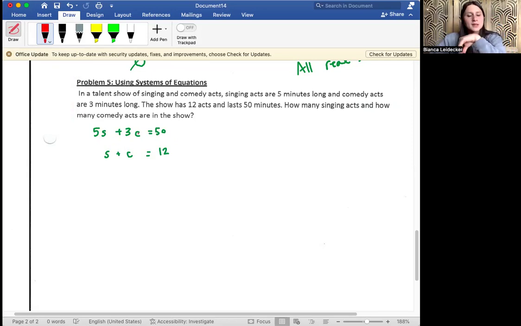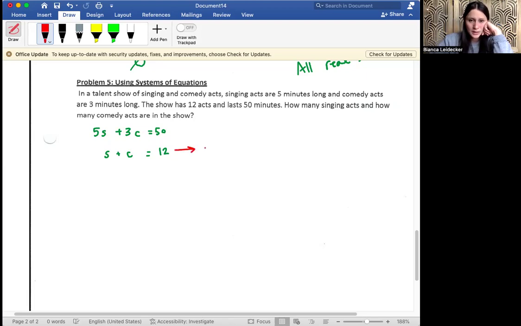So I wrote S and C here because one represents singing, one represents comedy. So I use those letters to kind of represent it. You can either interchange these as X and Y, but I'm not graphing anything, so really I don't have to worry too much about that. I'm going to use the method I just did above and solve for my S and solve for my C.